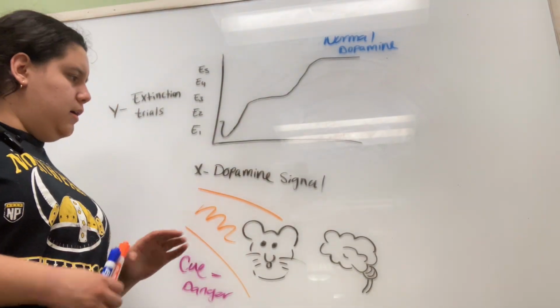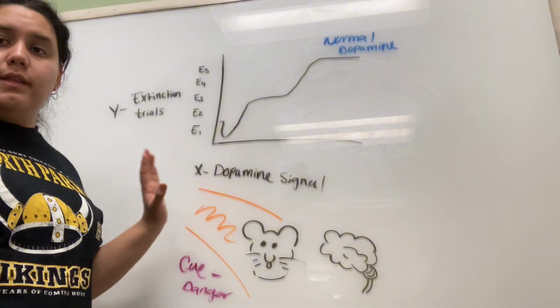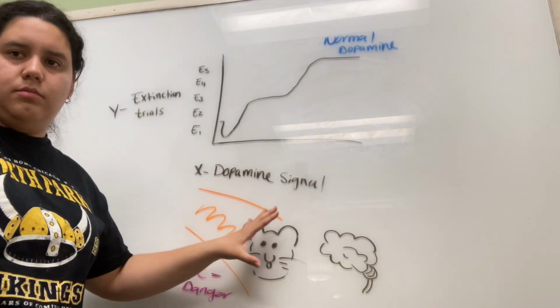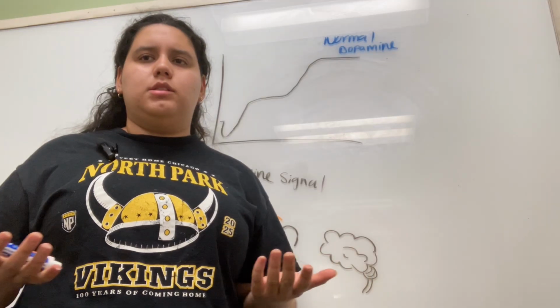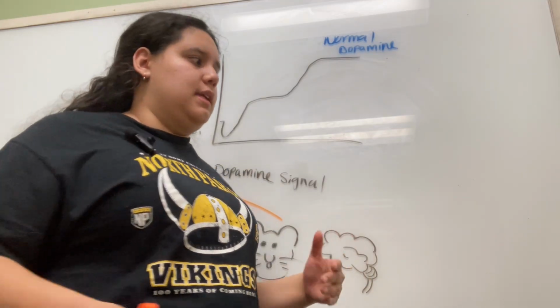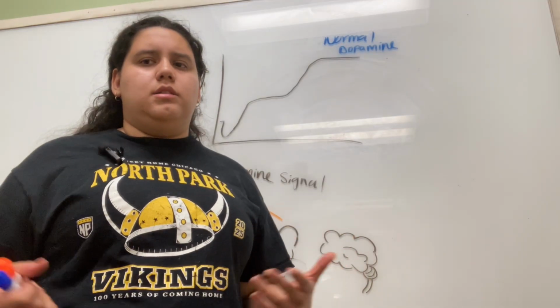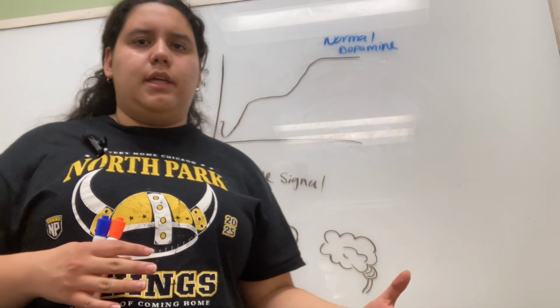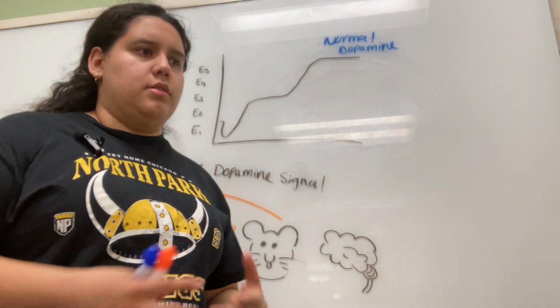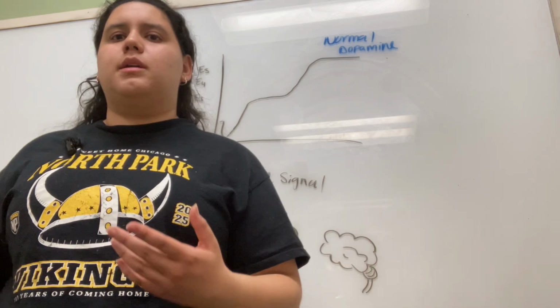So, kind of without the aspect of the mouse, we can use that in humans. An analogy that we can think of is a fire alarm, right? When you think of a fire alarm, you usually associate it with danger. There's a fire, or there's a gas leak, or there's something going on, right?